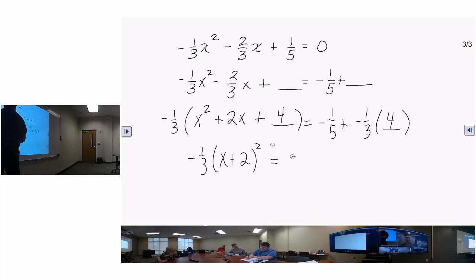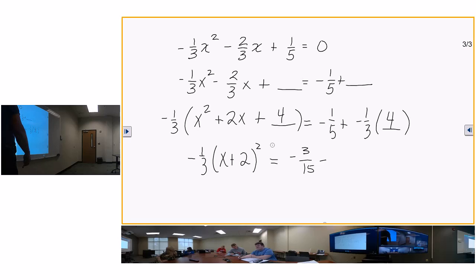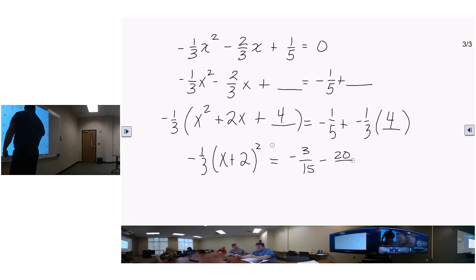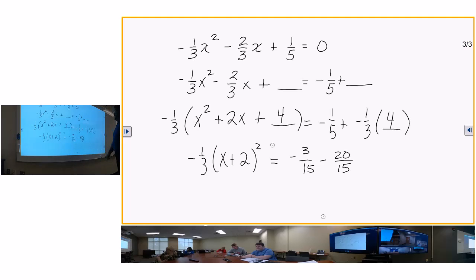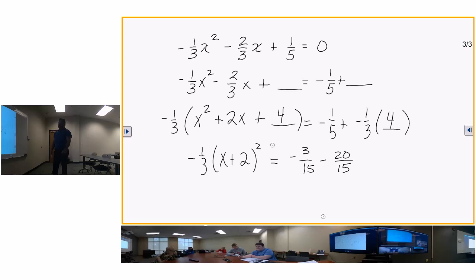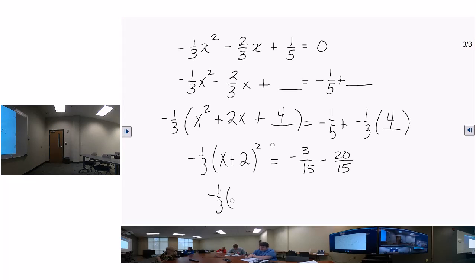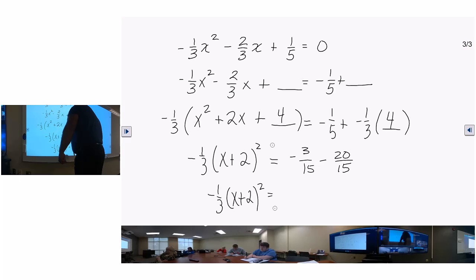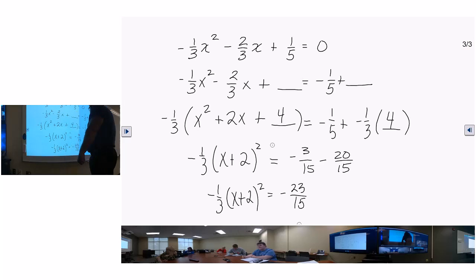Negative 3/15 minus what? 5 times 4 is 20, right? 20/15. Right. Somebody check my math. That's right. So, you get negative 1/3 times x plus 2, quantity squared, is equal to negative 23/15.